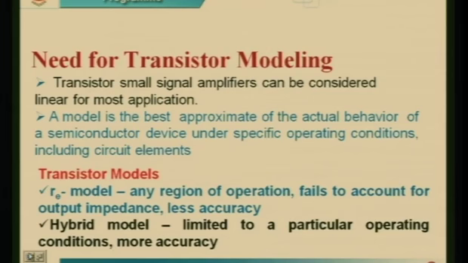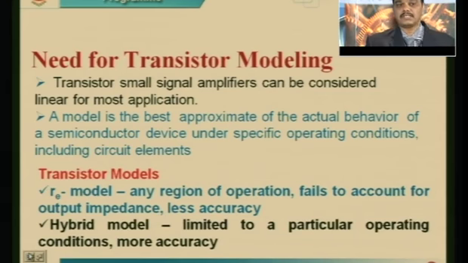Why do we need transistor modeling? The transistor small signal amplifier can be considered linear for most applications. A model is the best approximation of the actual behavior of a semiconductor device under specific operating conditions, including circuit elements.